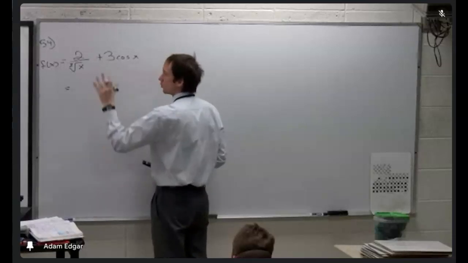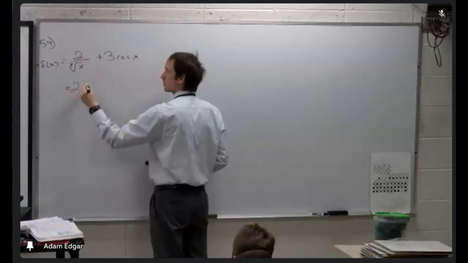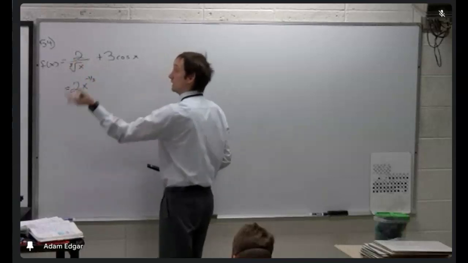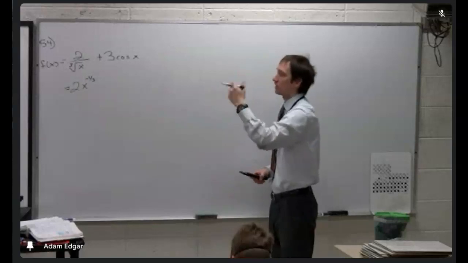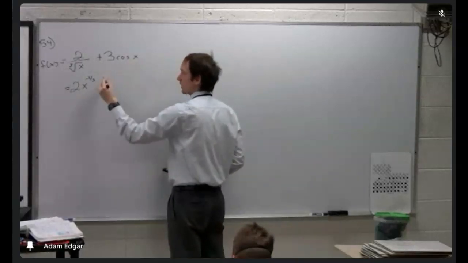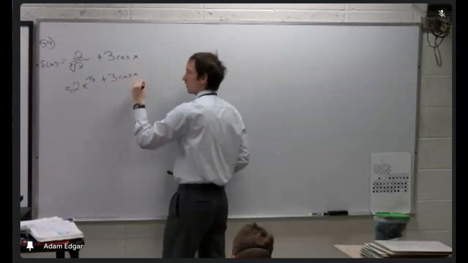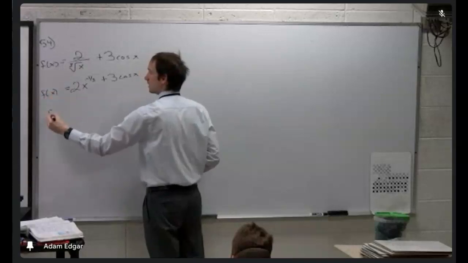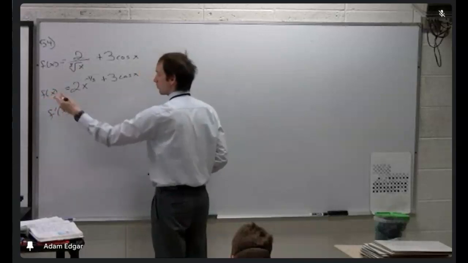So what will this look like? Yeah. So 2 times, instead of divide, x to the negative 1/3. Do you have to do anything with 3 cosine x right now? No, just let it be. And this label is still f of x. Now you can differentiate, so now I'm going to bring out the f prime.